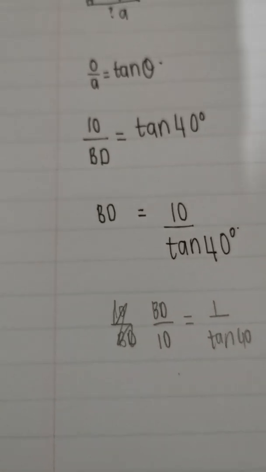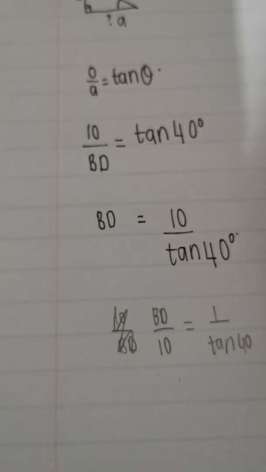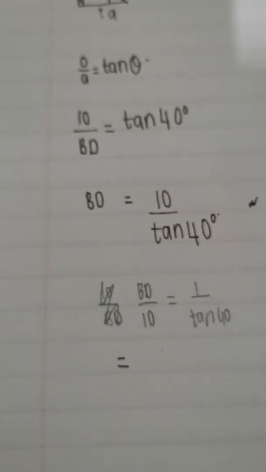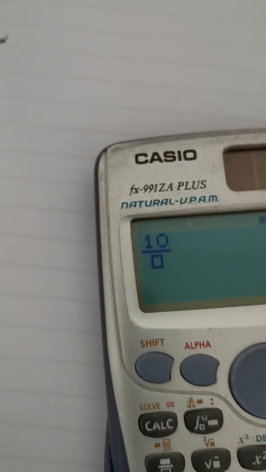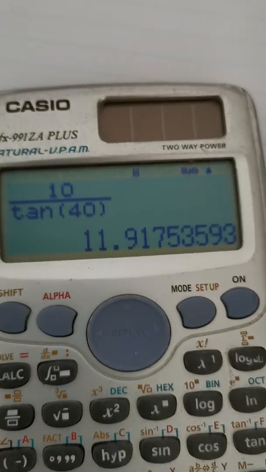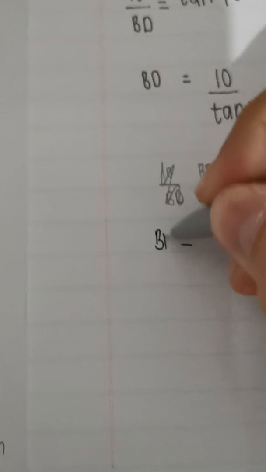Then let's type it in on the calculator. 11.917 and so on.